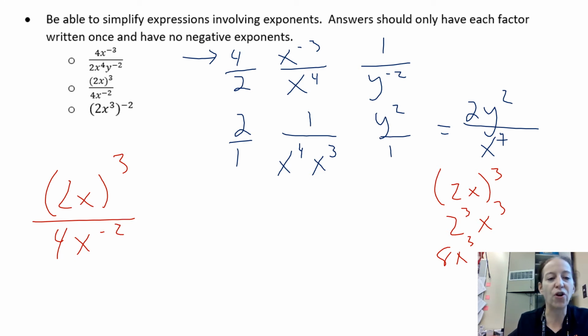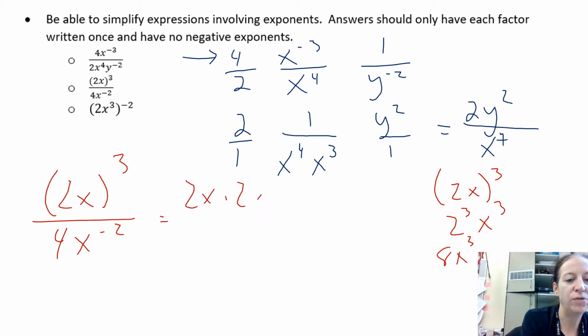I know it should be x to the 3rd, but what do I do with the 2? So if that's you, go back to your definition of what exponents are. To cube something means to multiply it by itself 3 times. So that is 2x times 2x times 2x, and then we have 4x to the negative 2.